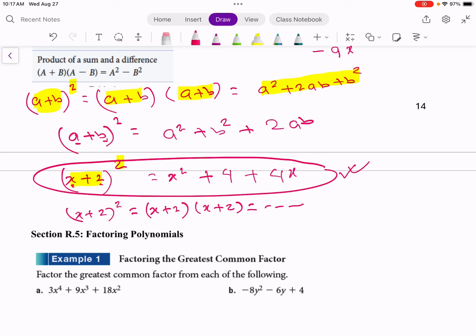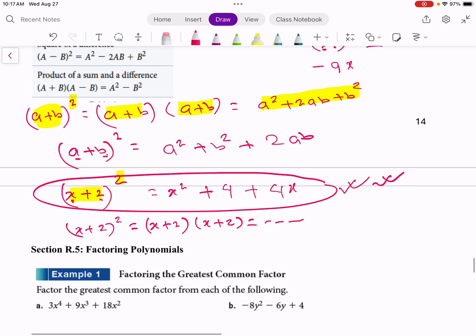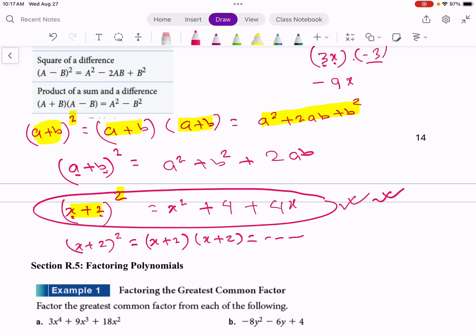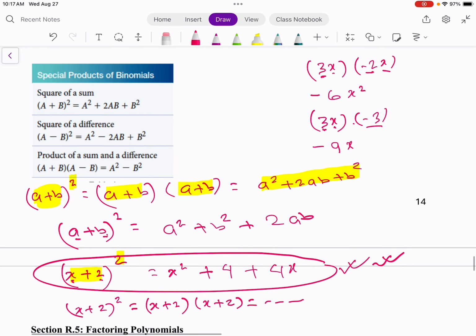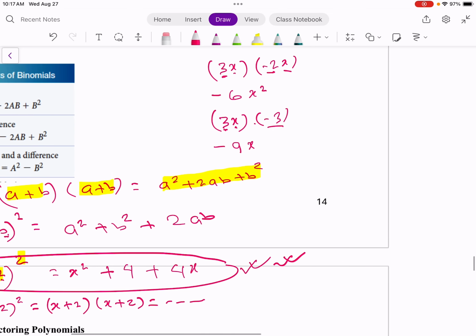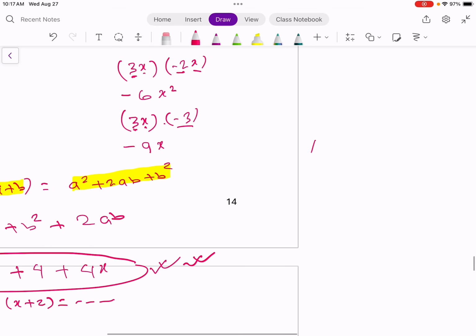But if you have this idea, it really helps us when we have factorization. Okay, so this is about multiplying polynomials.